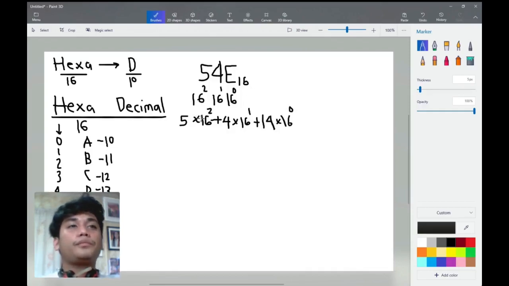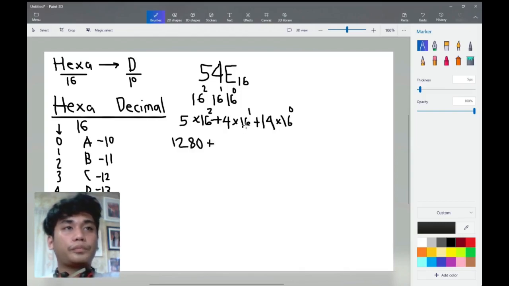So 16 times 16 is 256 times 5. That's 1280. 1280 plus 16 to the power of 1 is 16 times 4, we have 64.